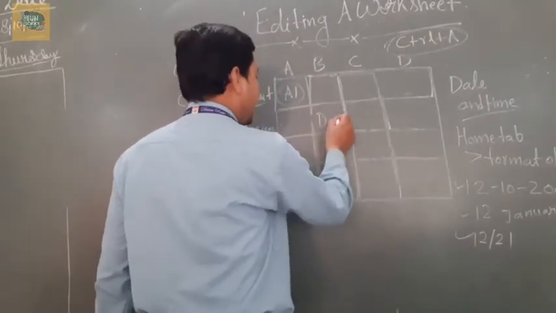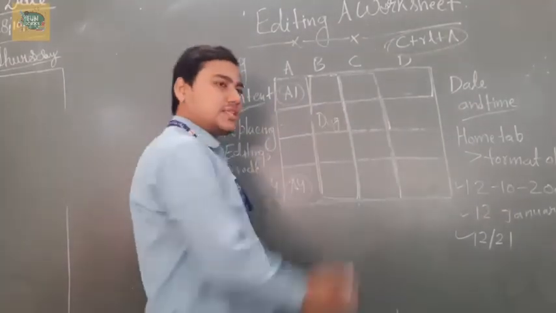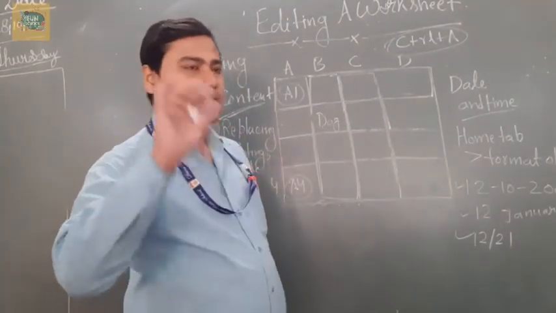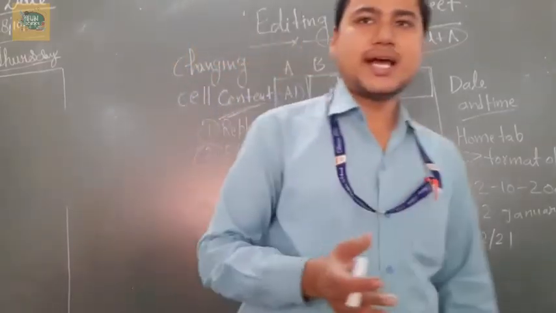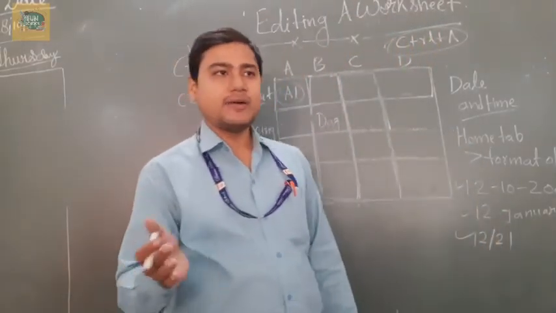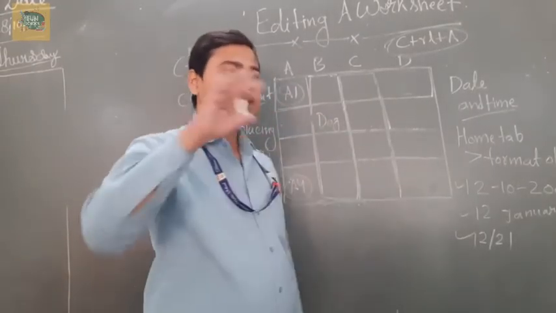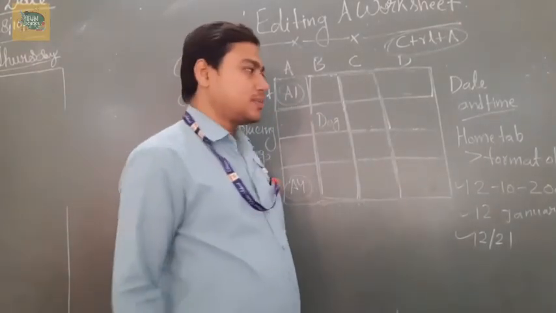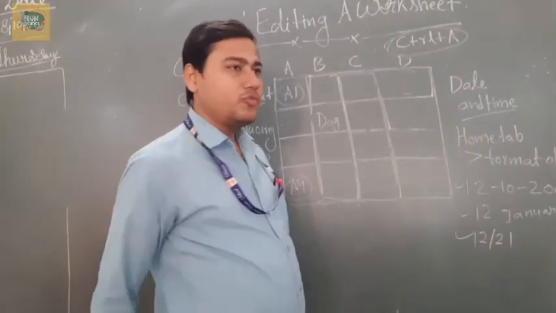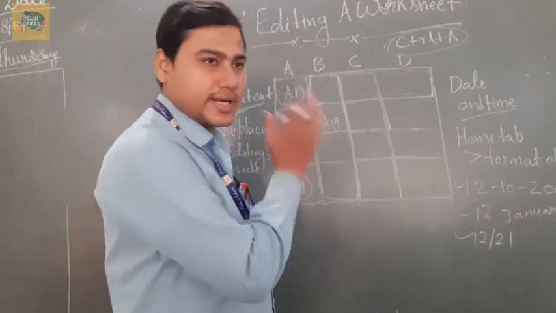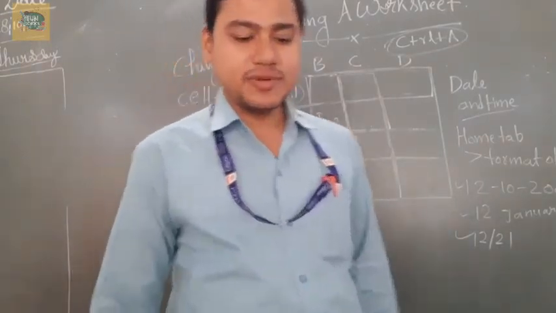So I first click on this cell and start writing. Then to replace this text, I click again on this cell and start writing, suppose dog. So cat will be removed and dog will be written in its place. This way you can replace the text.